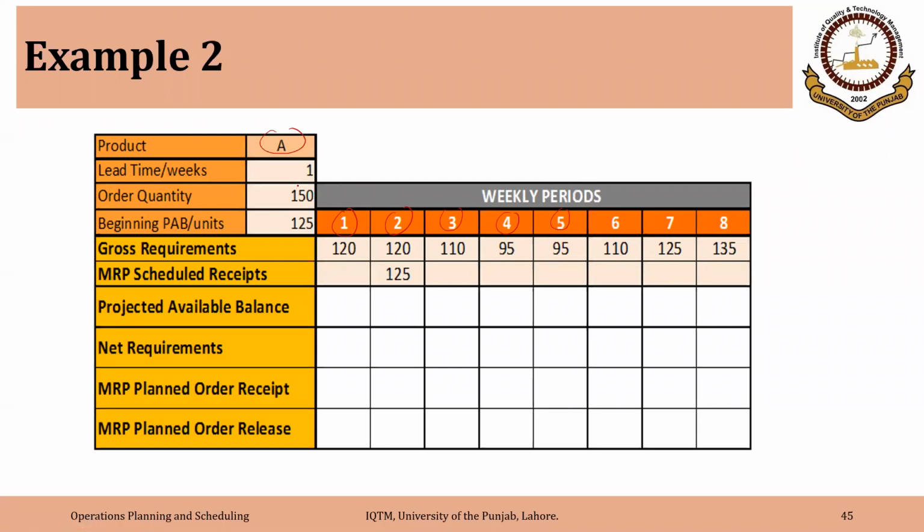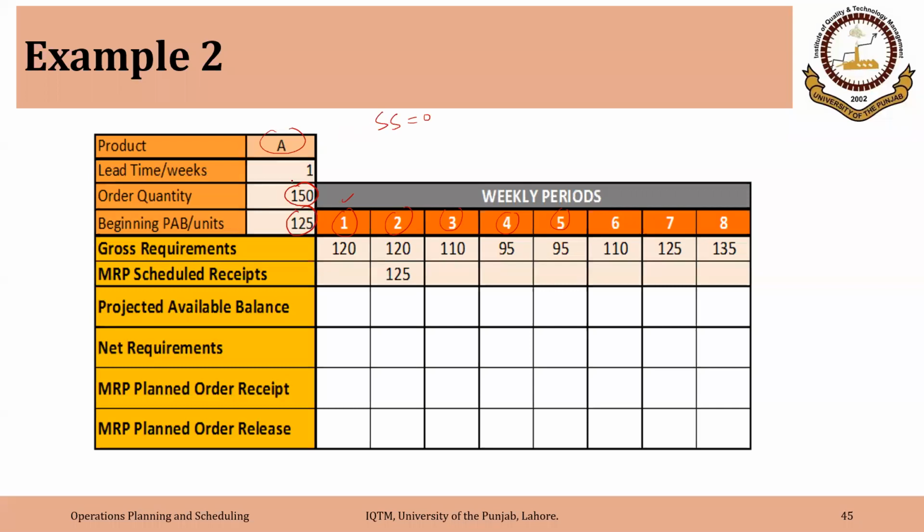So the lot size policy is a fixed order quantity of 150 units. So whenever we place an order, it should be at least 150 or something greater than 150. The beginning inventory before week 1 is 125 units. And in this case, we are not using any safety stock, so that is 0.